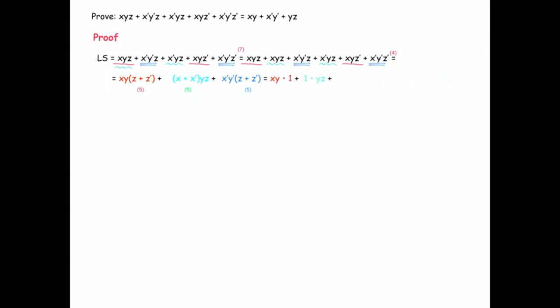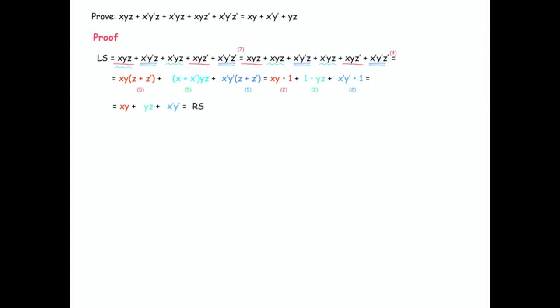And that simply means that what we have is x and y and 1, or 1 and y and z, or complement of x and complement of y and 1, right? And then using the second axiom, we can just get rid of the 1, and we have x and y, or y and z, or x complement and y complement.